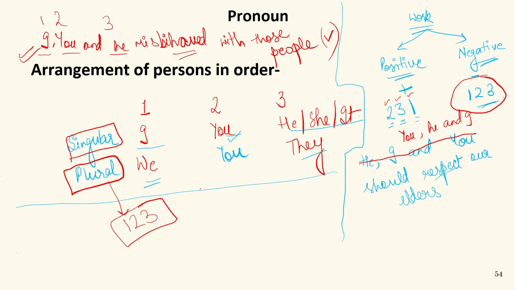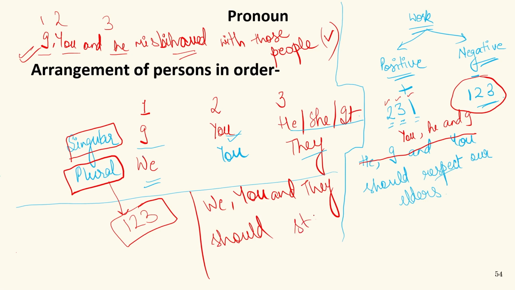For example, if I write, we, you, and they should start earning. So this is a good thing. This is a positive work which is going on, but here the work doesn't matter.